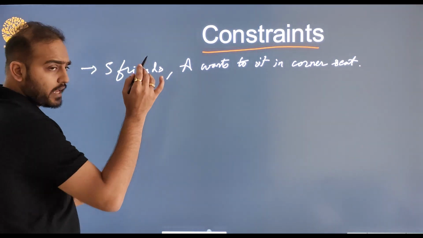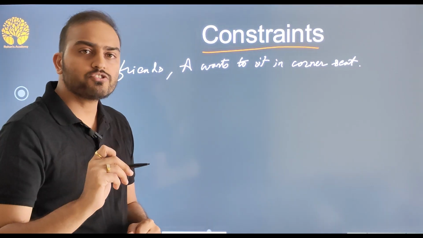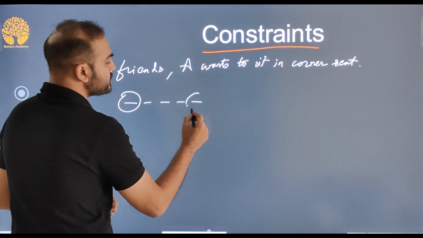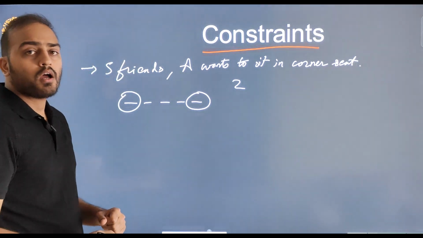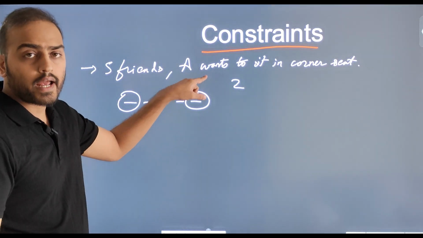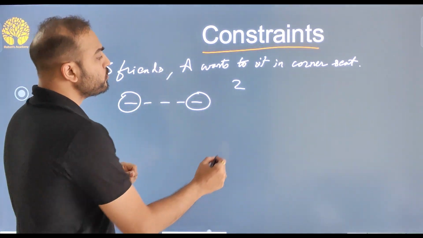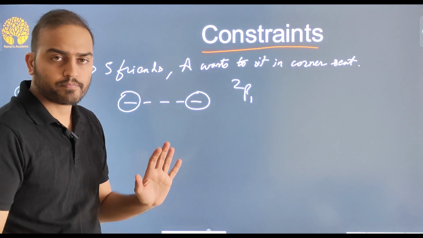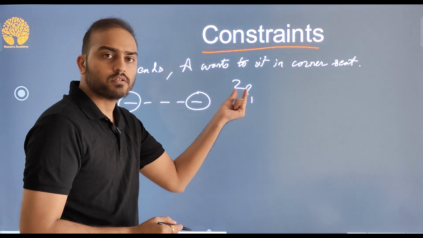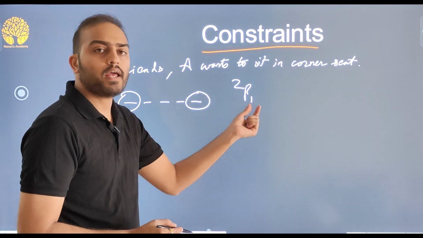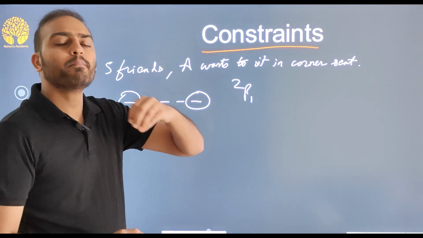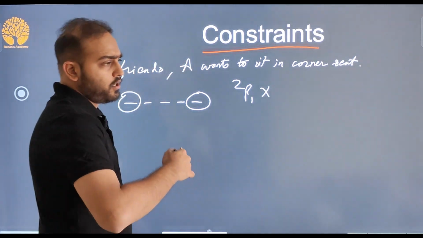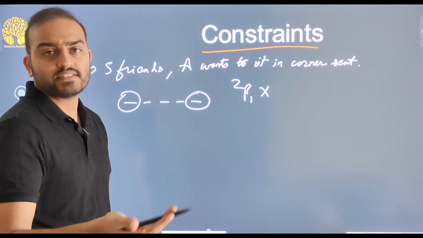So what will we do? For A, how many options do I have? I have 2 corner seats. I want to use 1 seat out of those 2 and assign that to A. So I have 2 options, but I want to use only 1, and this is for A. Now that my constraint is over, all the others are not fussy, they can sit anywhere.